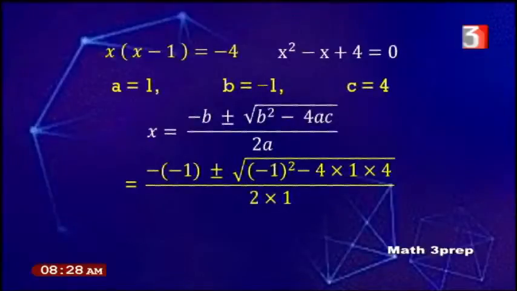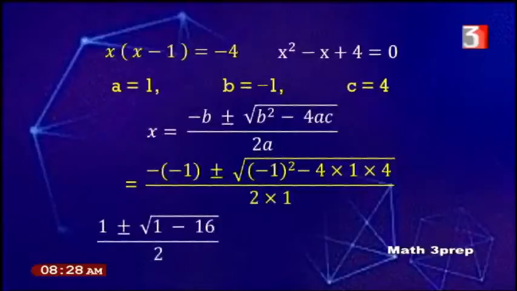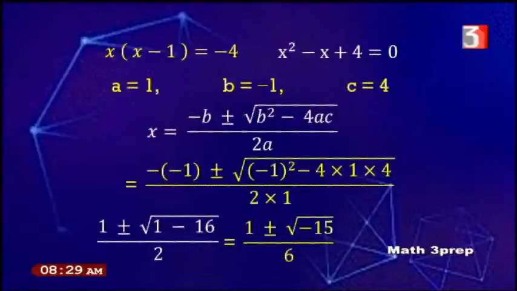Take care when b is with a negative value, so you are going to put the b in brackets. Then you are going to obtain a result as 1 positive or negative square root 1 minus 16 over 2, which gives a result as 1 positive or negative square root negative 15 over 2.